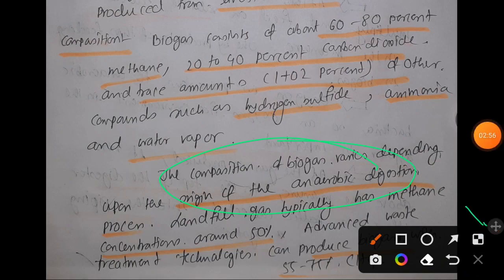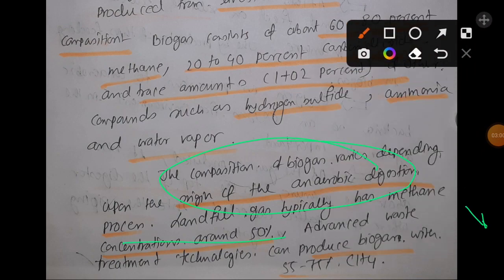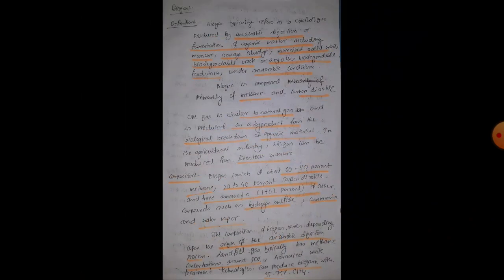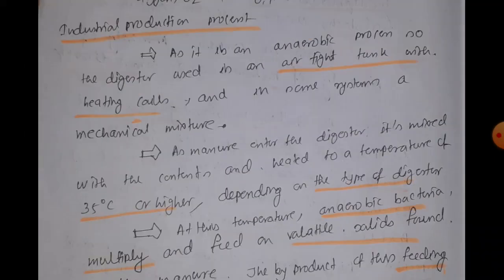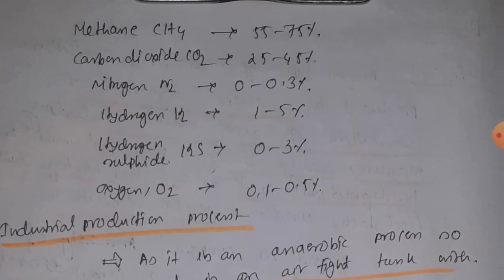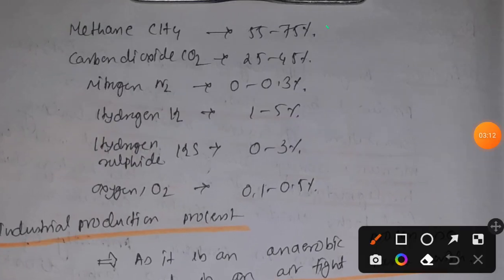Landfill gas typically has a methane concentration around 50%. Advanced waste treatment technologies can produce biogas containing 50 to 75% methane. The main composition you should remember is methane 55 to 75% and carbon dioxide 25 to 45%. These two are important, and the rest are trace elements.